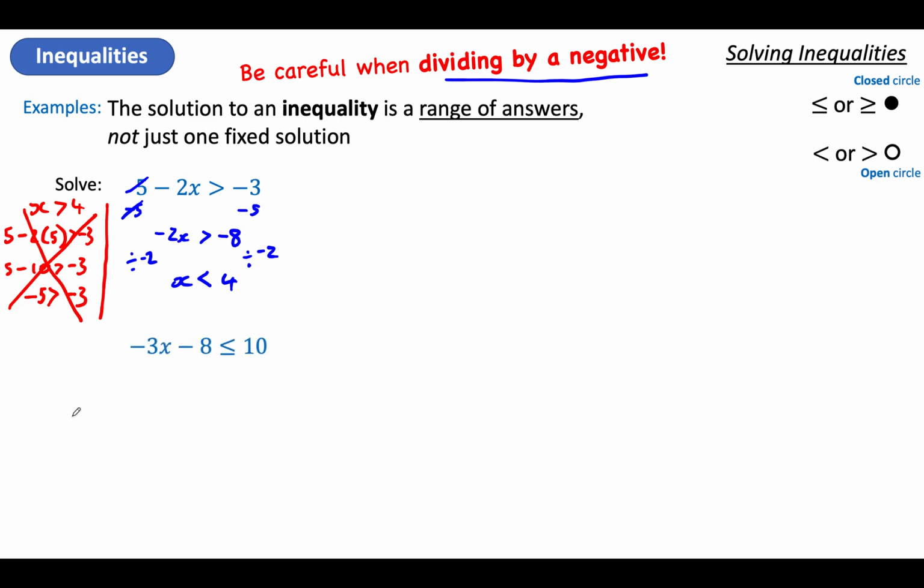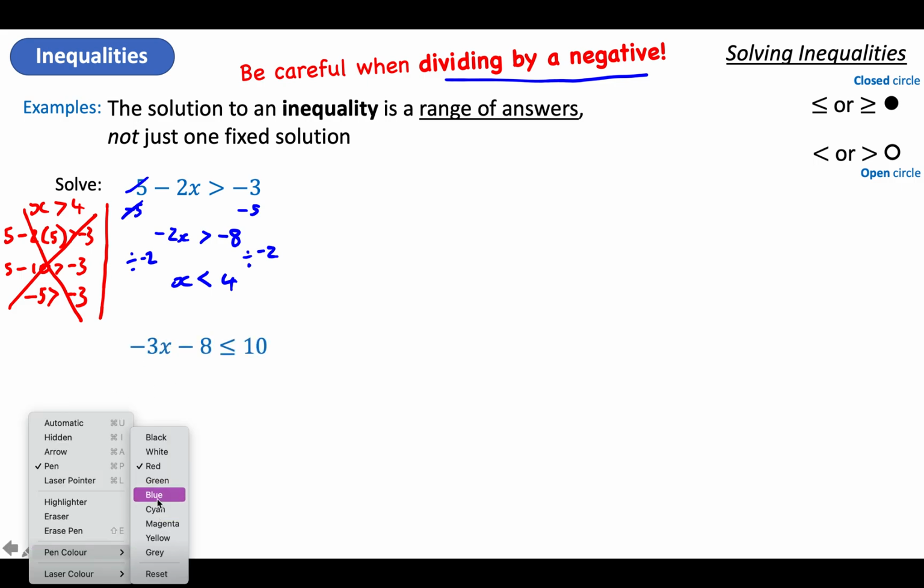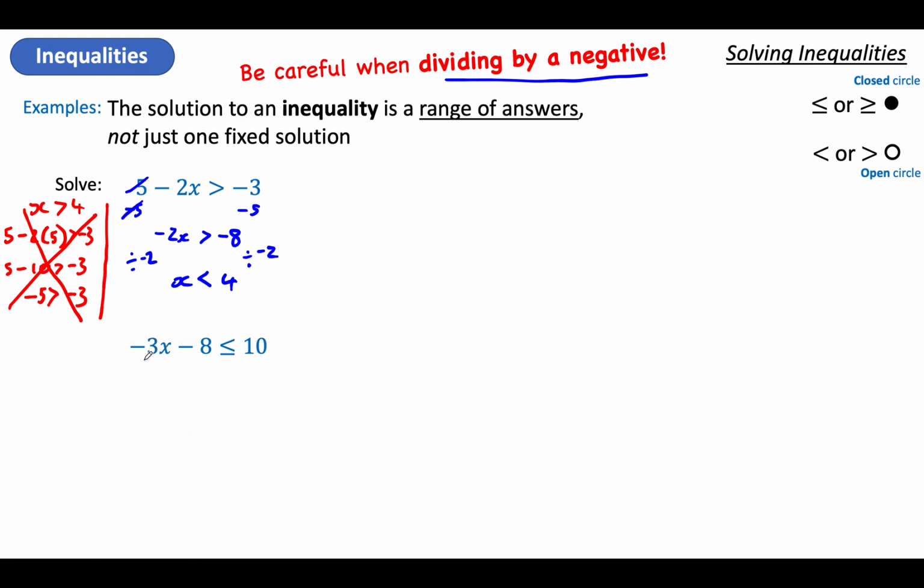Another one here. Let's change back to my blue. So deal with the number touching the letter last. So I'm going to add 8 to both sides of this. So we have -3x is less than or equal to 18.